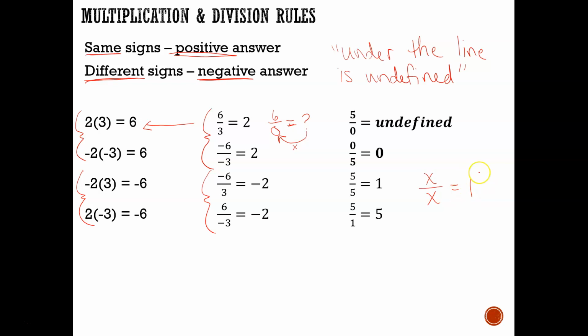Anything divided by itself is 1. And then the fourth one, 5 divided by 1 is 5. Again, that's true for any number or any variable. If you had x divided by 1, that would equal x. So very important, these 4 rules that we just went over.